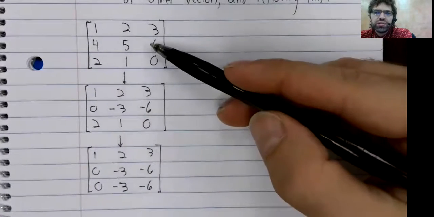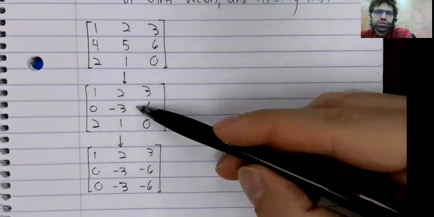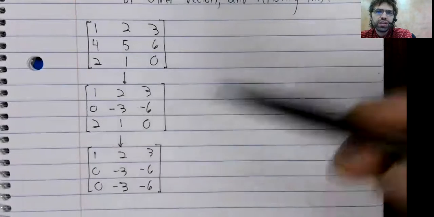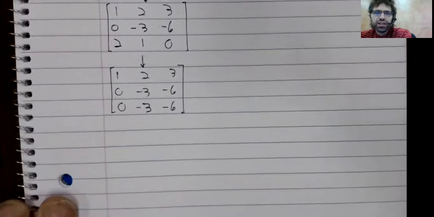And the row space of this matrix, and this matrix, and this matrix are the same.